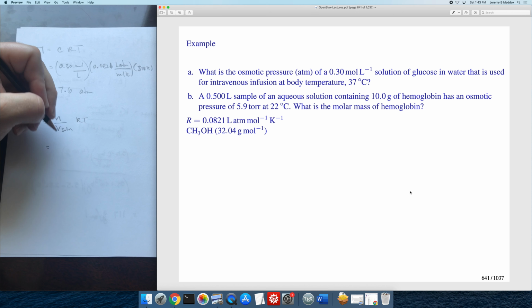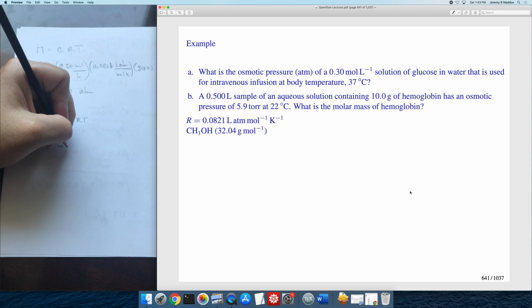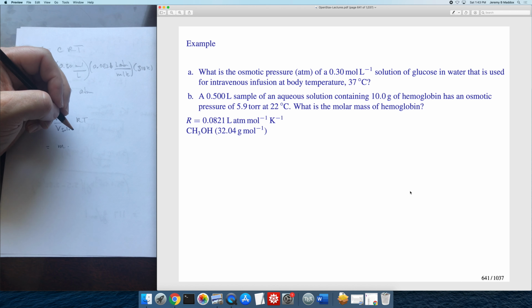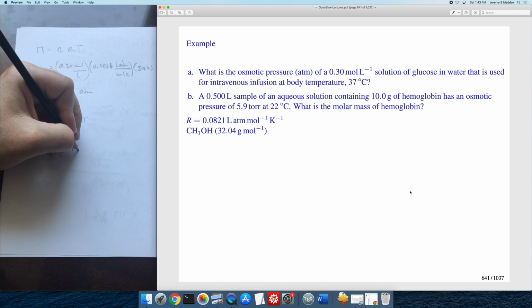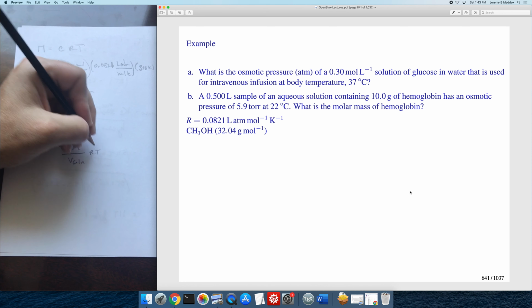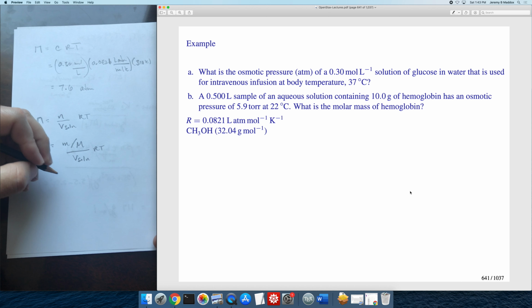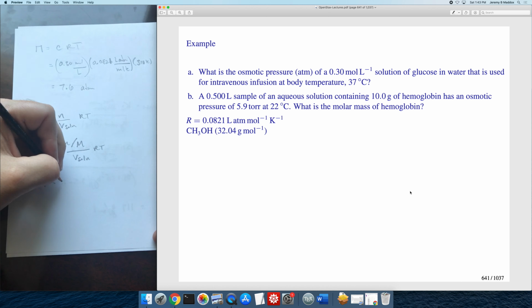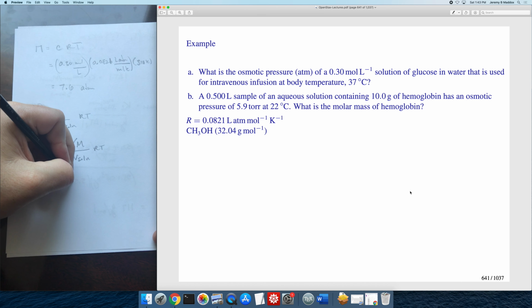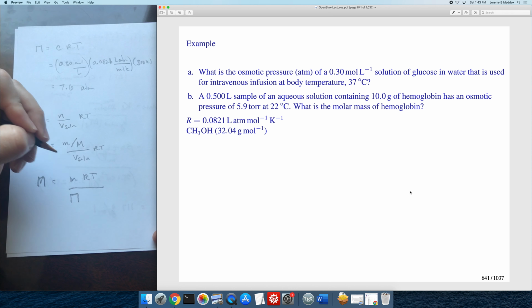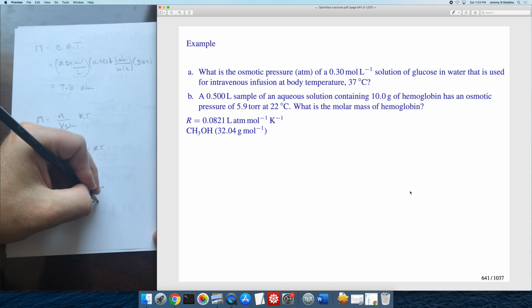And the number of moles is equal to the mass of the solute divided by the molar mass of the solute. So we can rearrange this. The molar mass is going to be equal to the mass times RT divided by the osmotic pressure times the volume of solution.